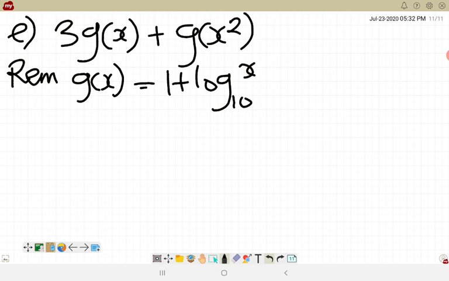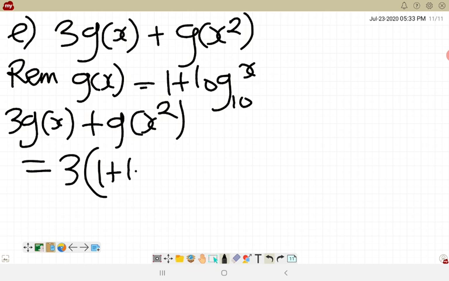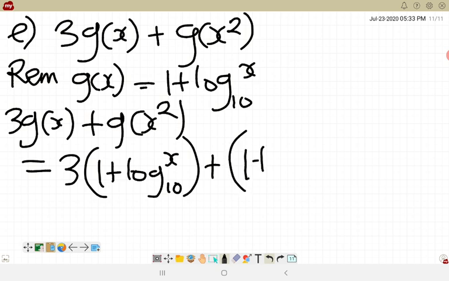So let's find 3g of x plus g of x squared. This will give us 3 into g of x, 1 plus logarithm of x base 10, plus 1 plus logarithm of x base 10 all squared.